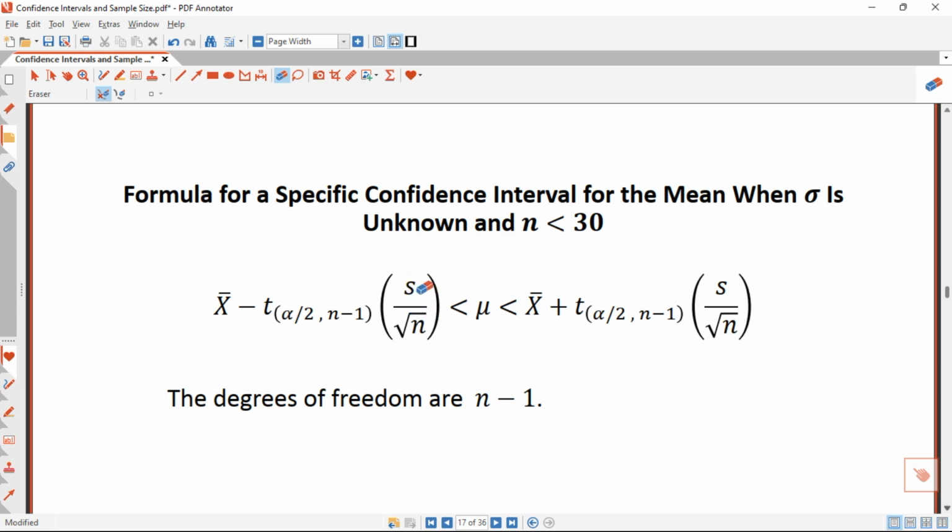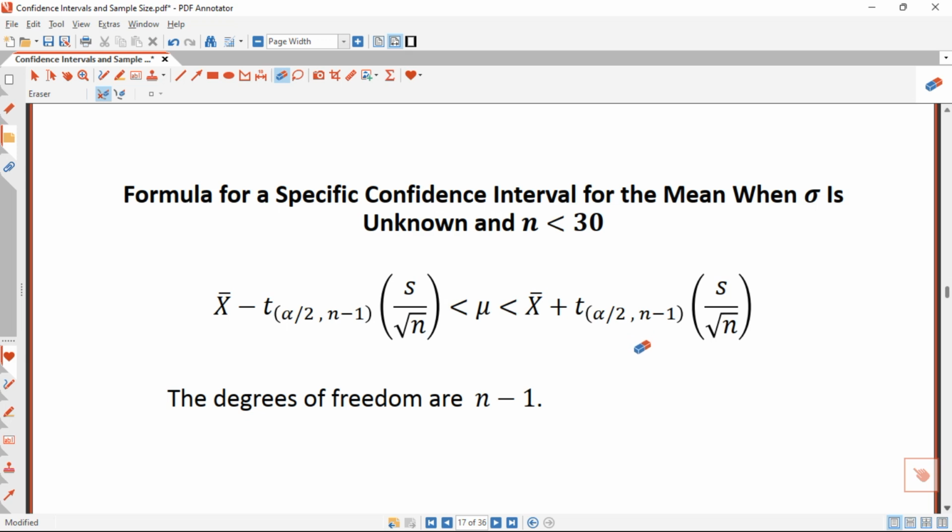The x bar is just the sample mean, and the s is the sample standard deviation. Since we said the population standard deviation is unknown, we have to use the sample standard deviation. This is less than our population mean, which is less than x bar plus t subscript alpha divided by 2, n minus 1, times s divided by square root of n. So this is what we will have.